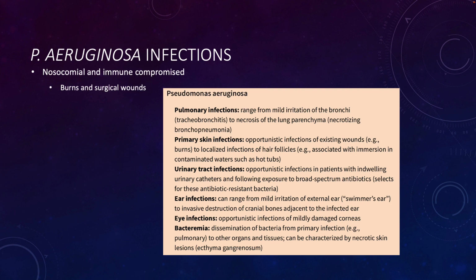So the bacteria can cause infection literally anywhere in the body: pulmonary infections, skin infections, urinary tract infections, ear infections, eye infections, bacteremia. It's a really dangerous infection, and it's really, really common.